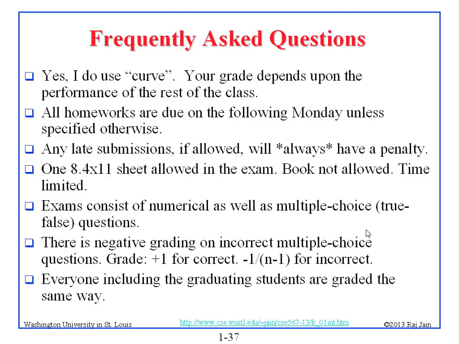Exams consist of numerical as well as multiple choice questions. There is negative grading on incorrect multiple choice questions. Multiple choice has a problem in the sense that if I give you 2 choices and you randomly mark one, there is a 50% chance it will be right and 50% chance it will be wrong, so for the wrong answer you get -1, for the right answer you get +1, and on average you get 0.